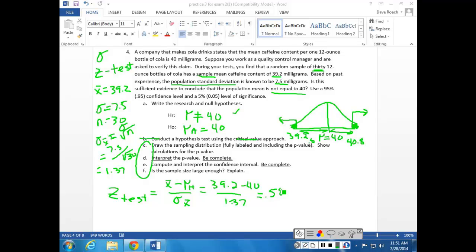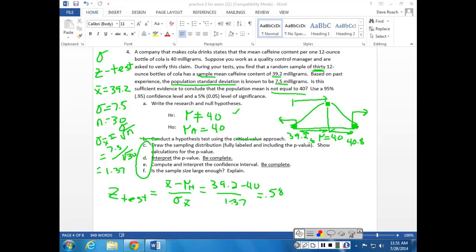I can just go ahead and tell you on the critical value approach, you would have rejected if it's greater than 1.96 or less than minus 1.96. And that's not, you would fail to reject H0. But for the p-value approach, we know that from here to here is 0.58 standard deviations.